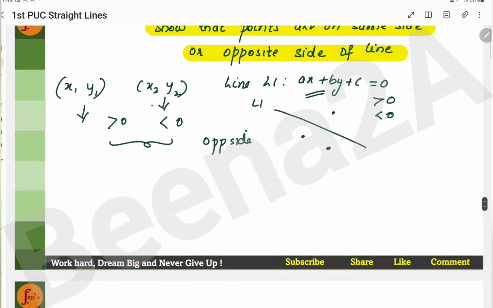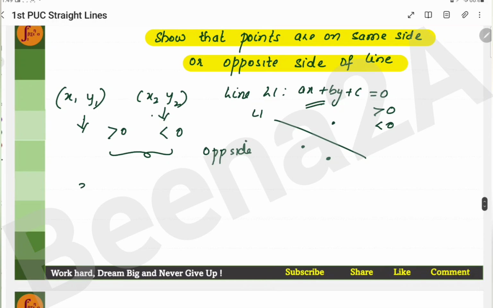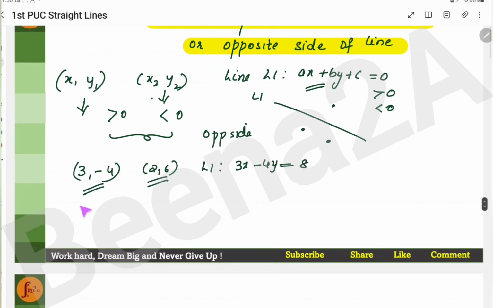Now for example, let's take 2 points, 3 comma minus 4 and 2 comma 6, and let's take the line as 3x minus 4y minus 8 is equal to 0. Now we have to tell where these points are. Are they on the same side of the line or on opposite sides? So we'll take this line and substitute the point values.